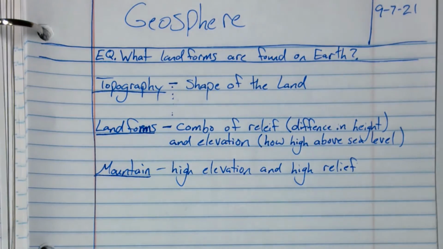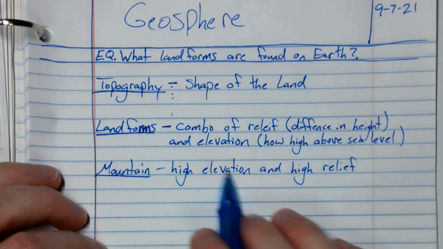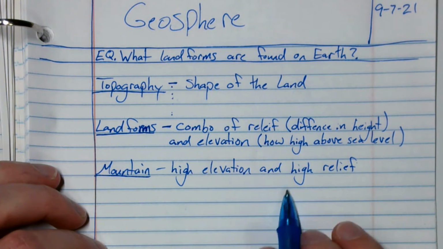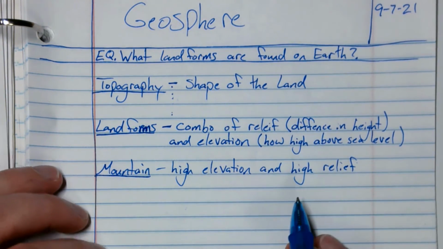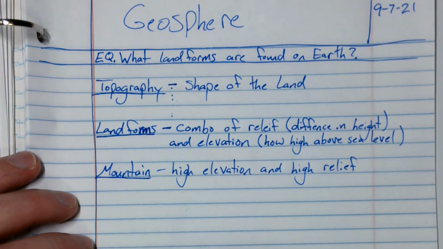That looks way better than the first one. So, high elevation, it's going to get really tall, and it's got a high relief. That means it's probably got really steep walls or steep sides of the mountain.